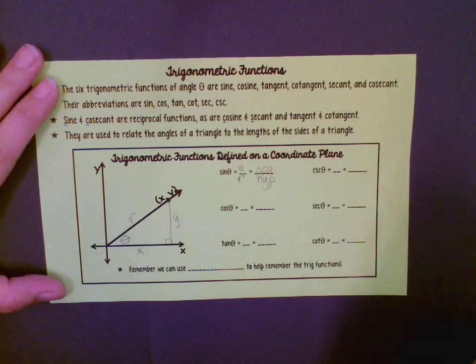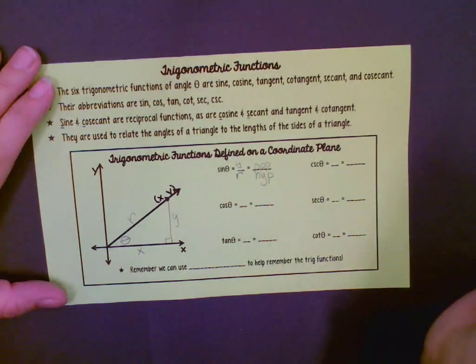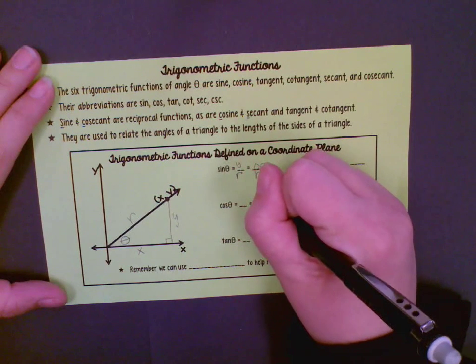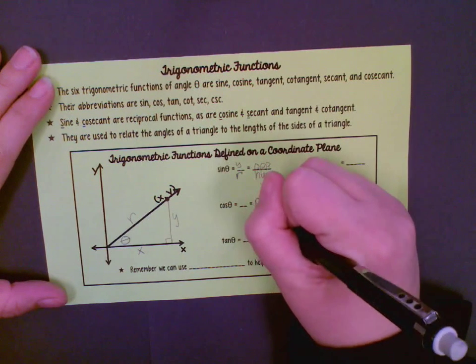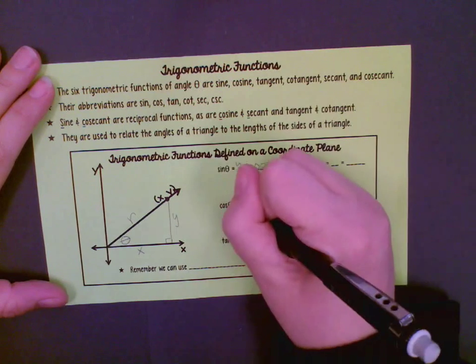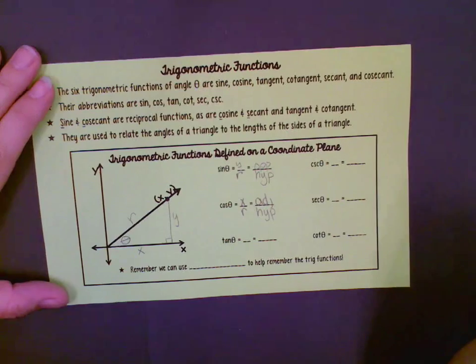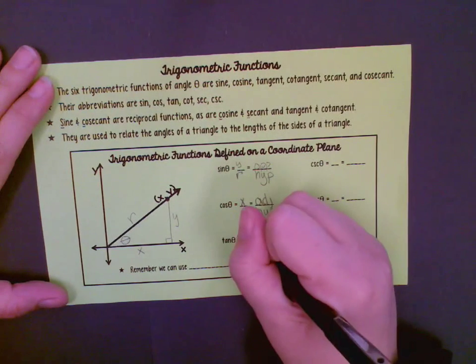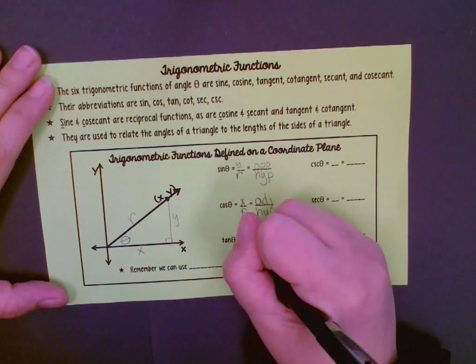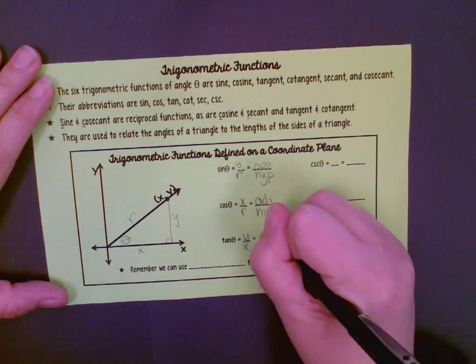Do you remember what cosine was defined as? Very good. Cosine is the adjacent side over the hypotenuse, so that would be x over r. What about tangent? Tangent is the opposite over the adjacent, so y over x.